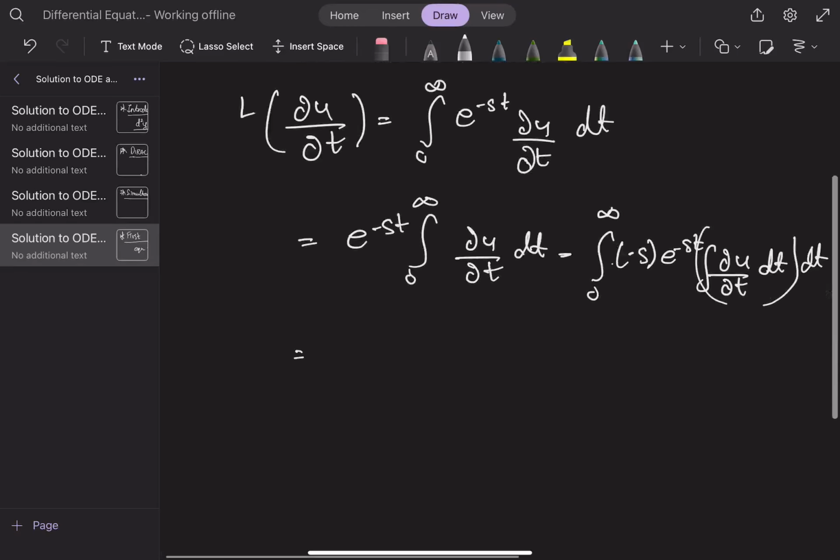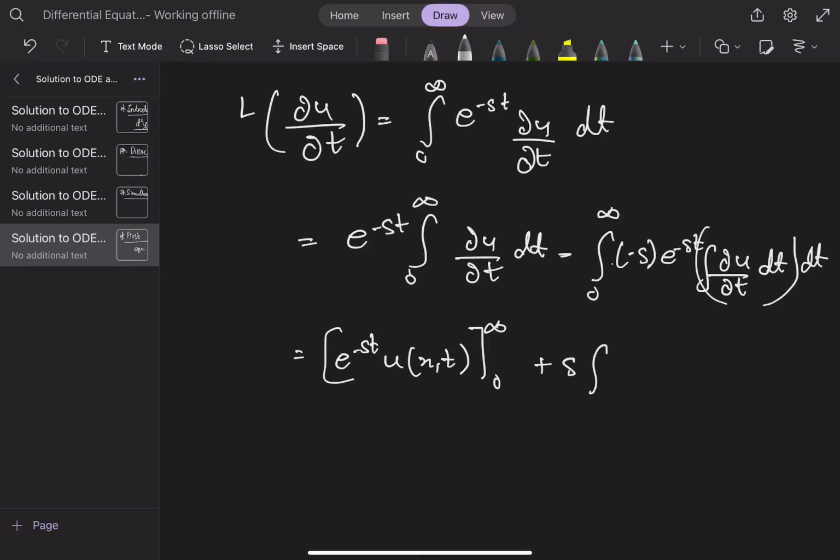So you'll get e raised to minus st u of x,t from 0 to infinity plus s times integral 0 to infinity e raised to minus st u of x,t dt.